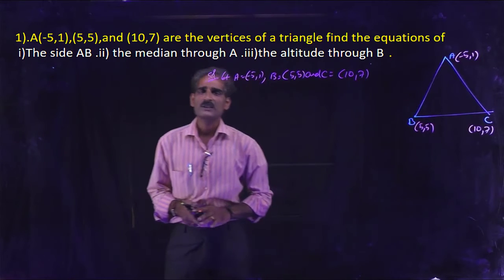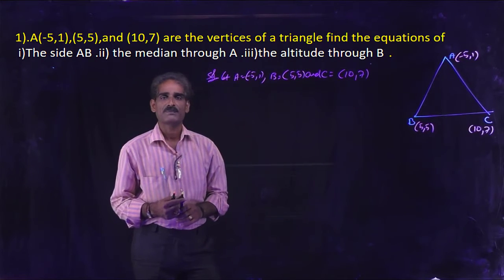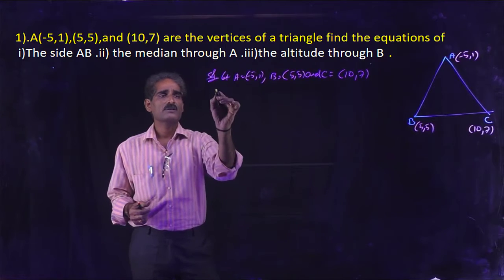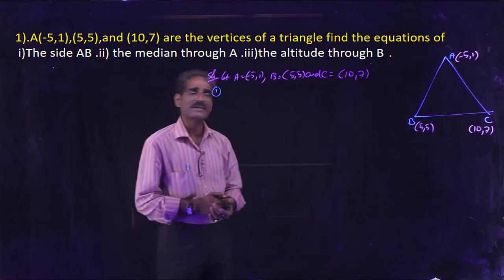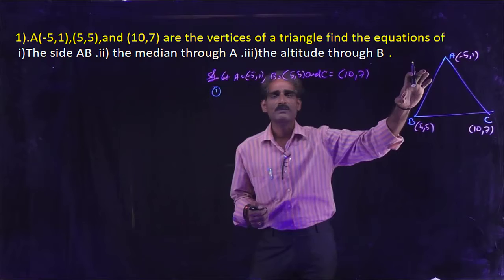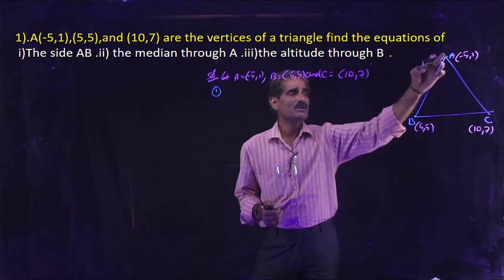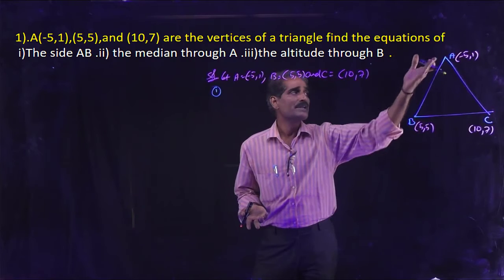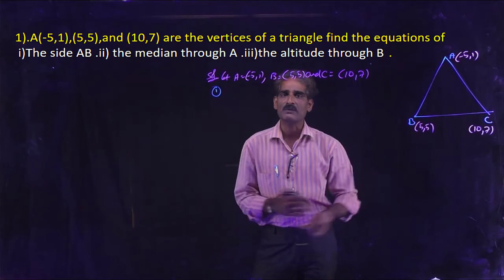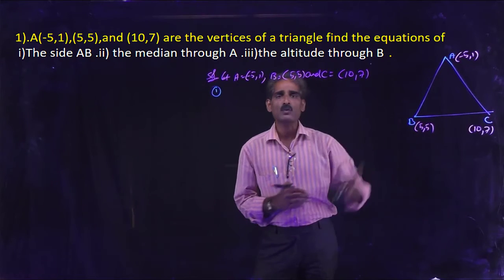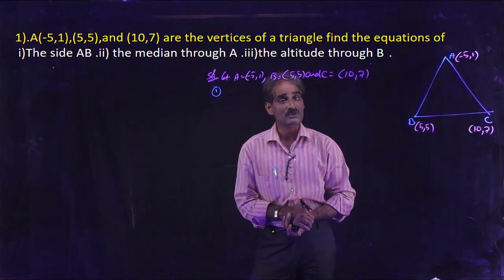These are the three vertices of the triangle ABC. Now first, the equation of the side AB. You have to find out the side AB. So this is the line passing through A and B, A equal to (-5, 1) and B equal to (5, 5). With the help of two points, using two-point form, we can find out the equation of AB.